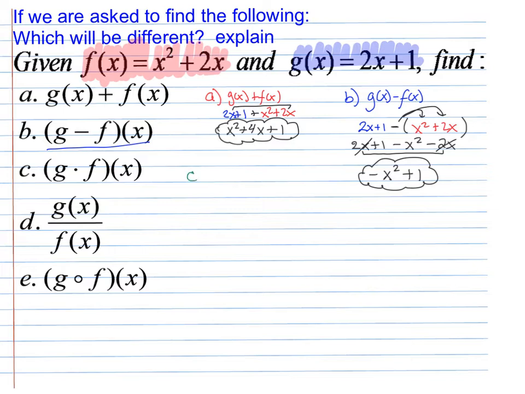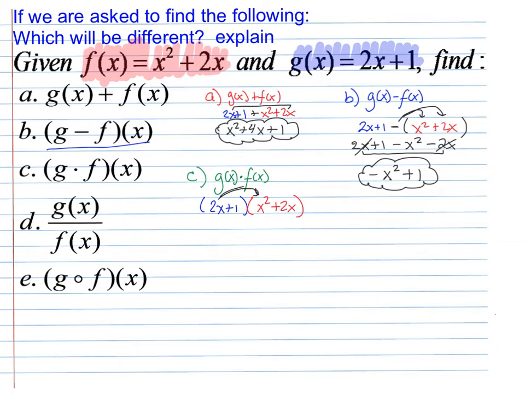For part C, we have g of x times f of x. We know our g function is 2x plus 1, and our f function is x squared plus 2x. You're going to double distribute.